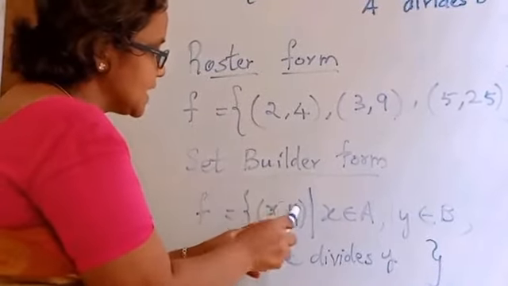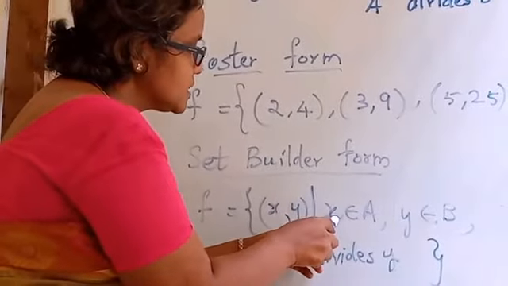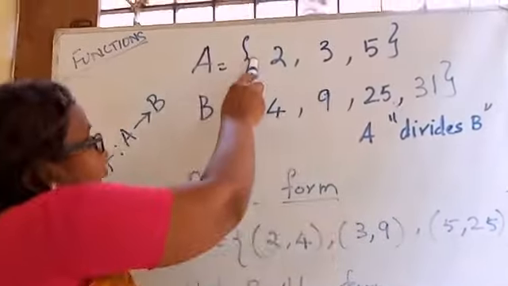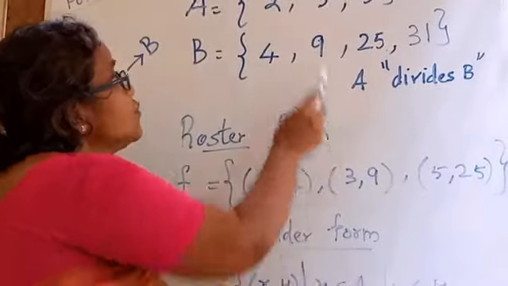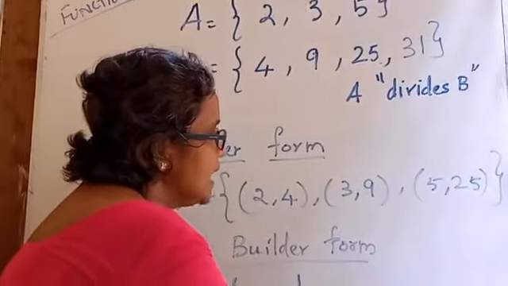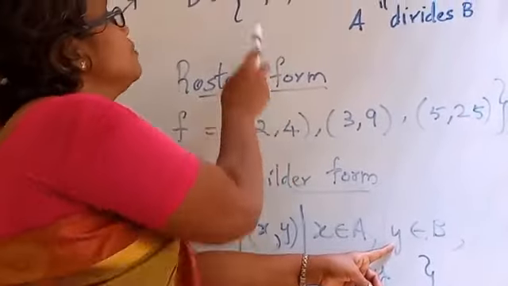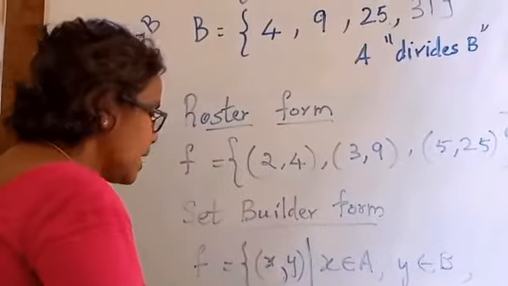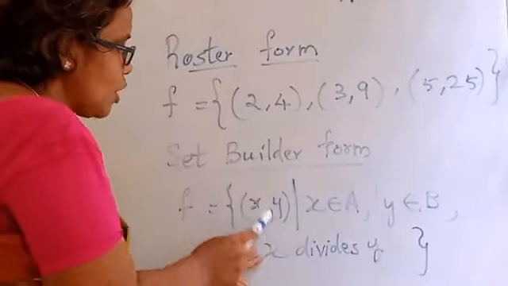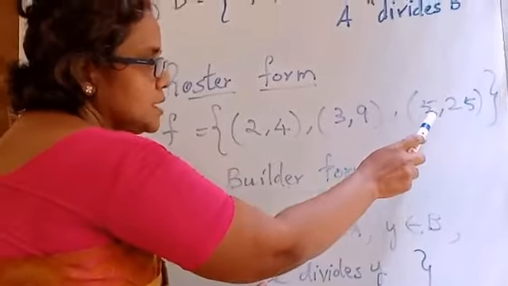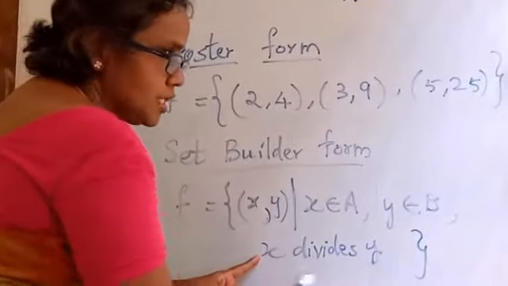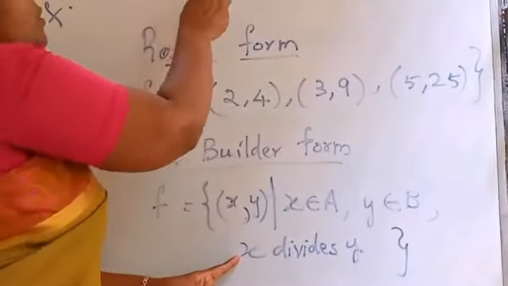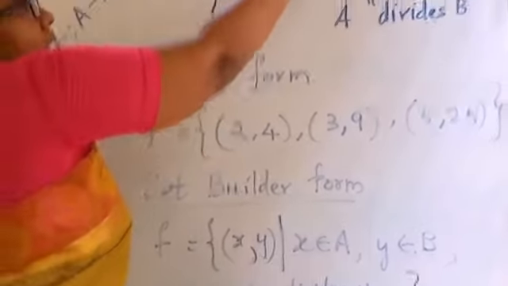So it is written as x comma y such that x is an element of A, x comes from set A, and y is an element of B, y comes from set B. And I am writing the formula also. Based on what did I get this answer? I got this answer based on this formula: x divides y.